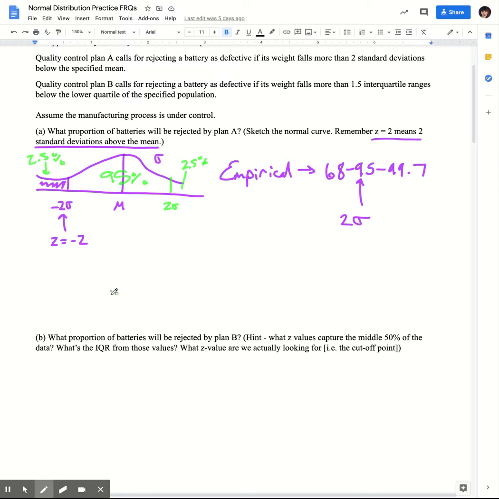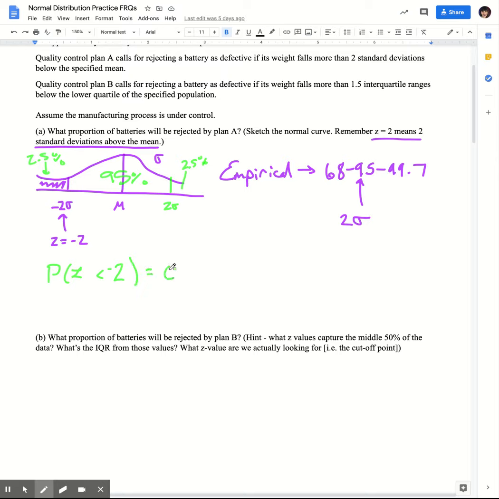Okay, so for the proportion of batteries that would be rejected, I'm finding here the probability that z is less than -2. Oops, I really should write this a little bit differently, because I know when I write, my z's look a little bit like 2. So z is less than -2.